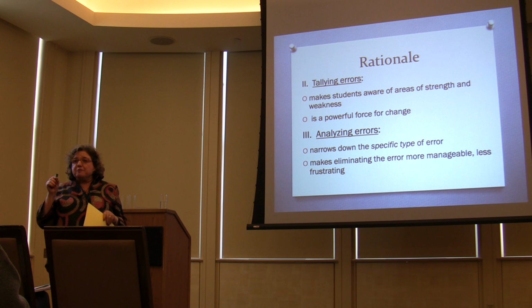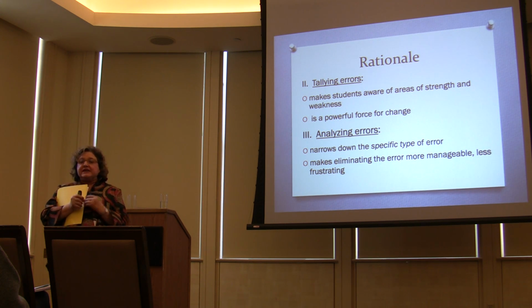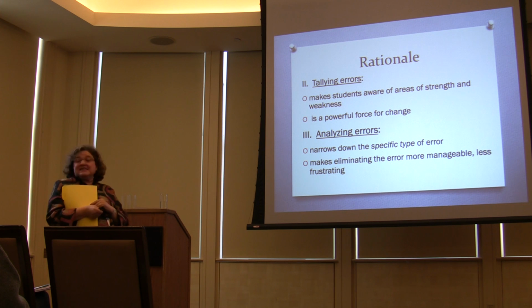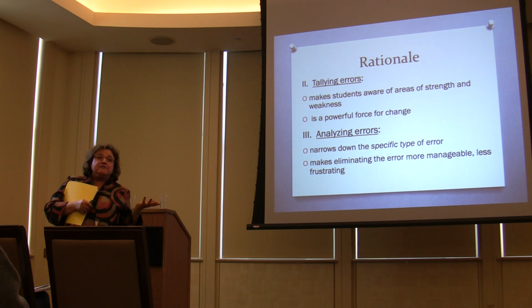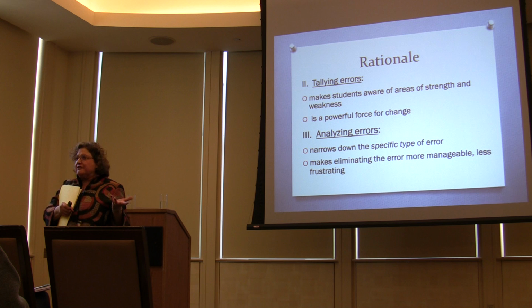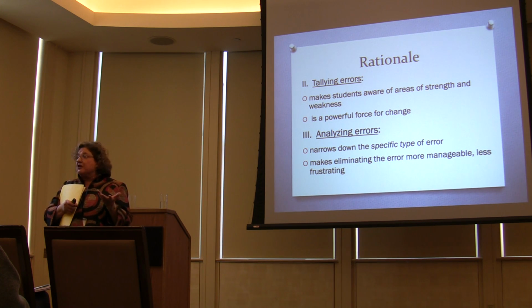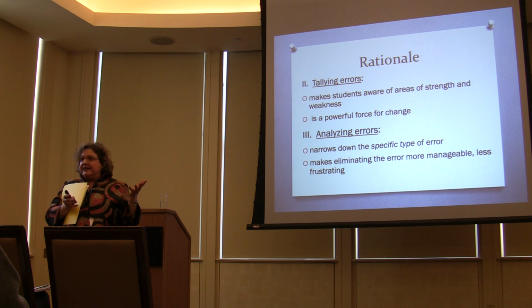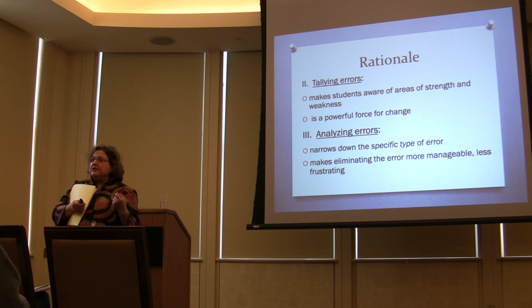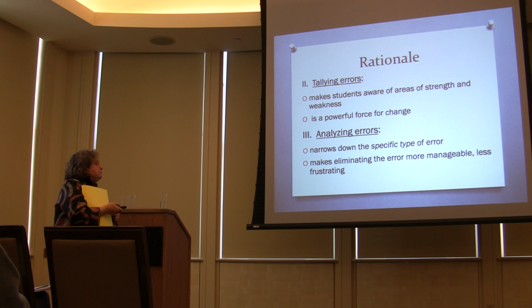If they're having problems with tenses, is it because they're using the present tense instead of the past, or the present perfect instead of past, or instead of present? It really makes a difference, because what are you going to say if they have tense errors? You need to work on your tenses, or here are some extra exercises you can do to work on your tenses. It's too vague. It doesn't give them a strategy to eradicate those errors.